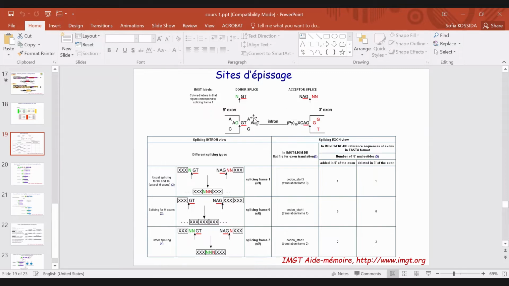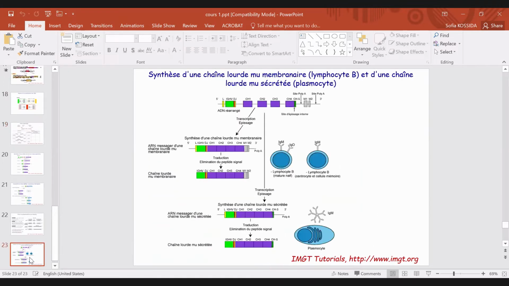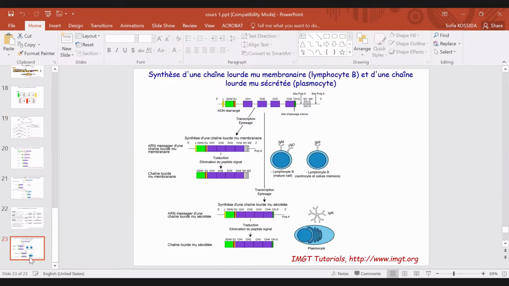Here, as you see, this is the intron sequence that will be excised, this is the 5' exon, and this is the 3' exon. Depending on how many nucleotides, if any, we use from the 5' and how many, if any, from the 3', we have the different splicing frames, be it 1, 0, or 2. Okay?